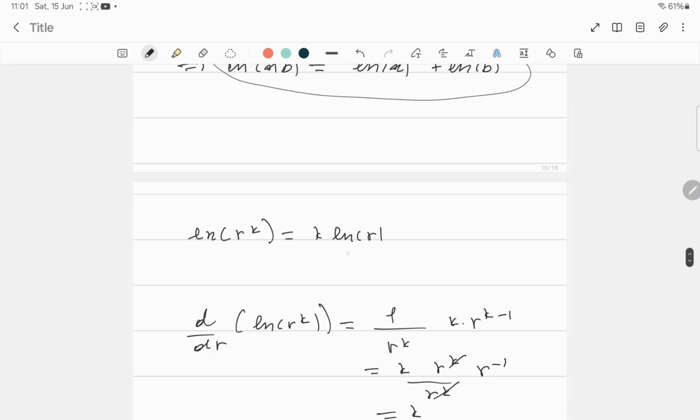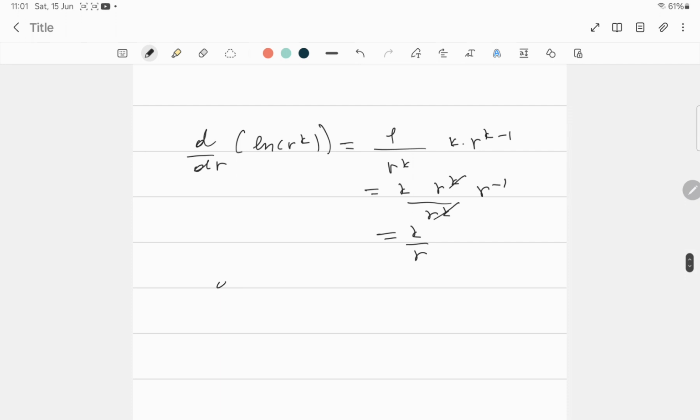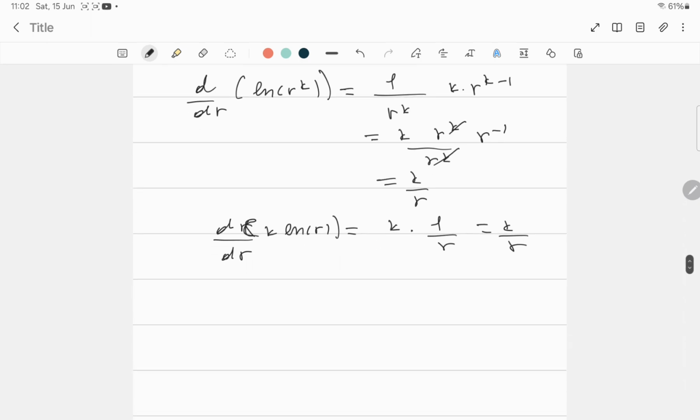Now let's take the derivative of the function on the right hand side. d over dr of the function k natural logarithm of r is k times the derivative of natural logarithm of r, which is 1 over r, so it's k over r. So what do I notice?